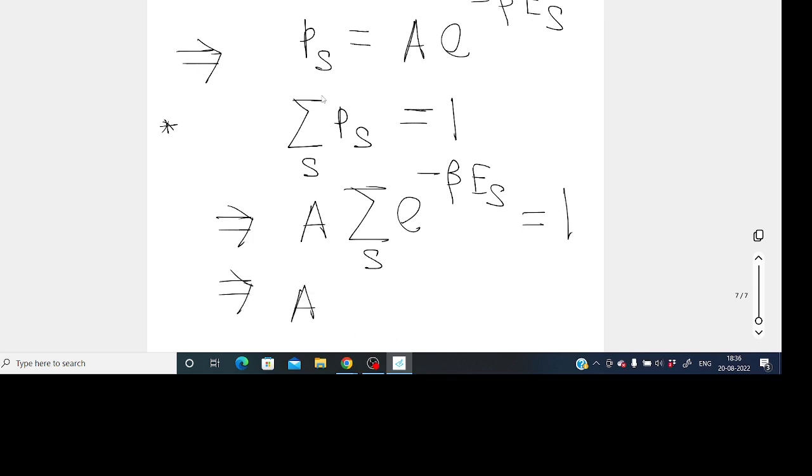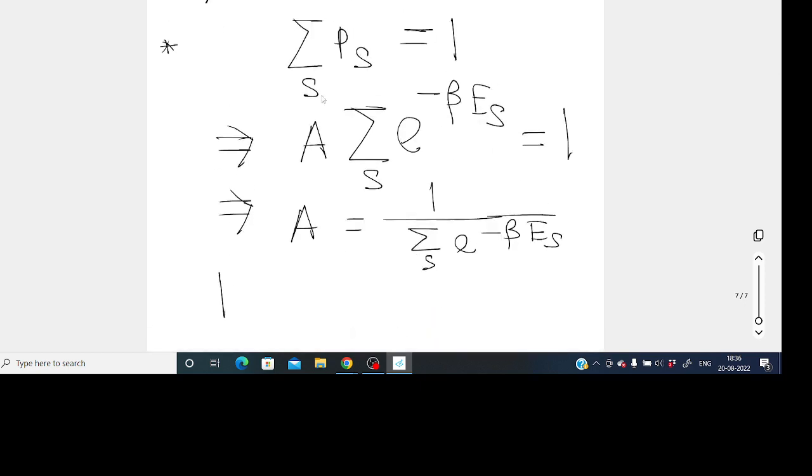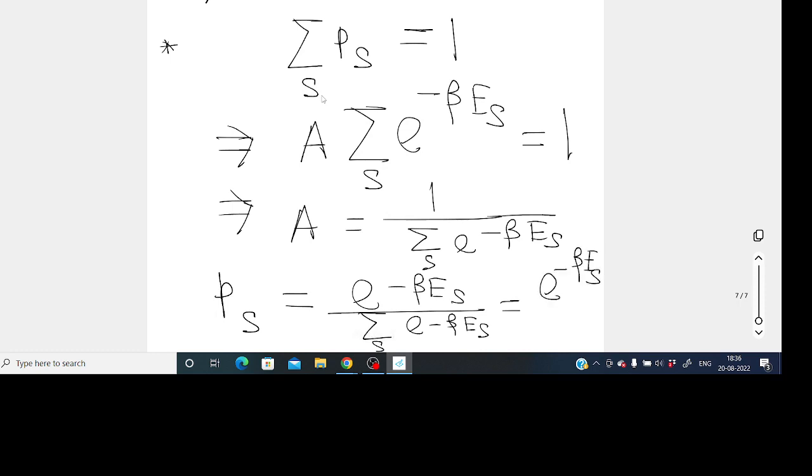So A equals 1 by this sum. So P_S equals this. We can also write it as P_S equal to e to the power minus beta E_S by Z.